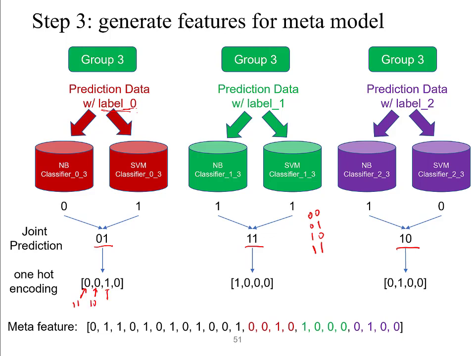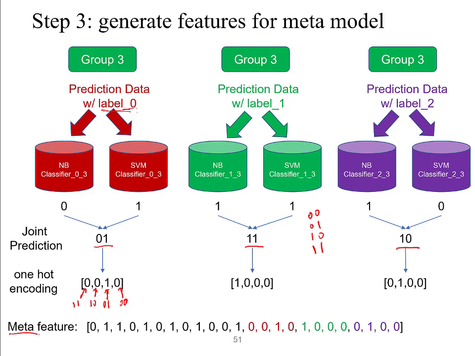This should be 1, 0, 0, 1, and 0, 0. So 0 and 1 are essentially an indicator. And these are the one-hot encoded feature vectors that you have got.